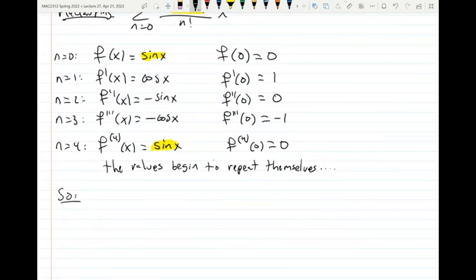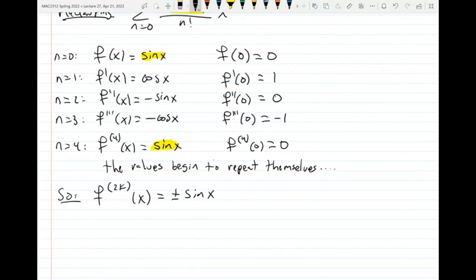We see that every time the derivative order is an even power, this is going to be plus or minus sine. If you want to be more specific, every time that the power is a multiple of 4, it's going to be positive sine. If it is of the form 4k plus 2, so the remainder is 2 when divided by 4, then it's going to be negative sine. But what I care about is 0, and the value at 0 is going to be equal to 0.